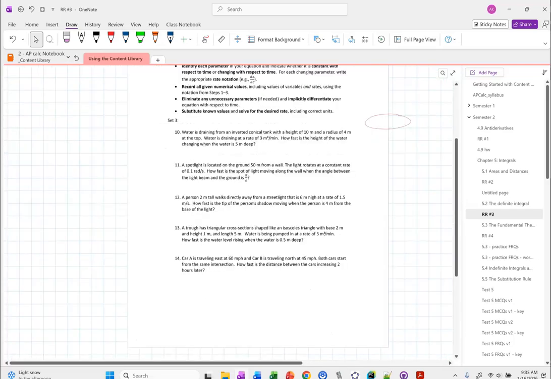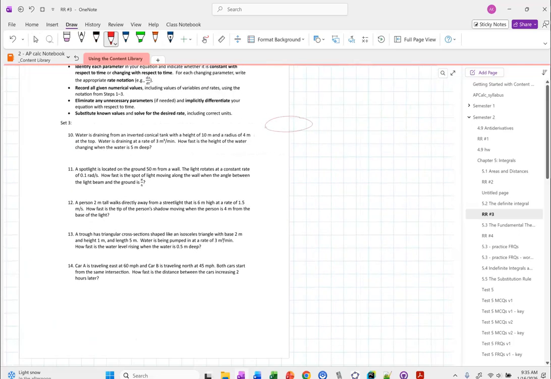So I'm going to start just by following kind of the format I'd given you guys. So there's like my conical tank, and over time, the tank isn't changing size, but the height of the water is decreasing, right?